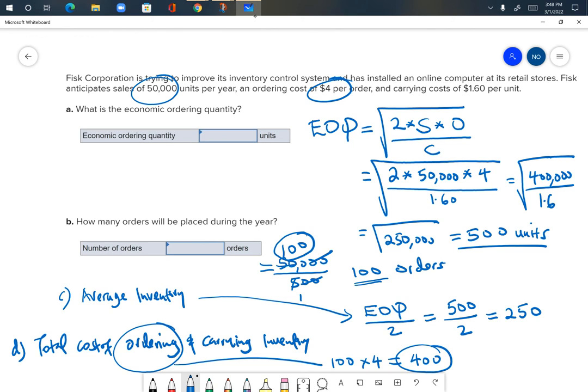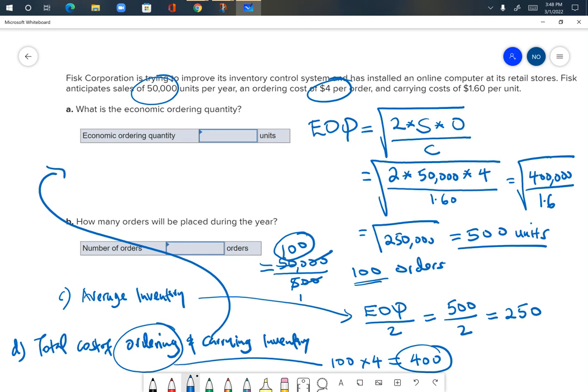And in terms of carrying cost, we have $1.60 per unit for every single item that we have in the inventory.